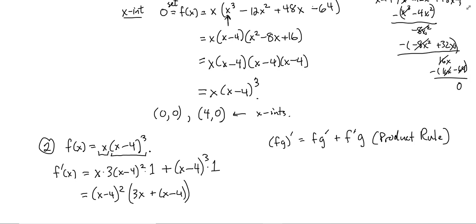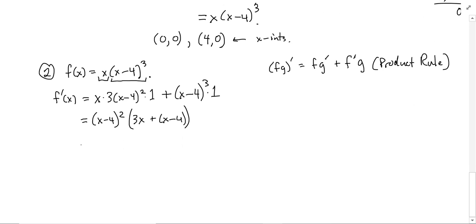Simplifying that, we find x minus 4 squared times 4x minus 4. I can factor a 4 out of this last factor, and that gives me 4 times x minus 1, and then times the two factors of x minus 4. So this is the derivative function.